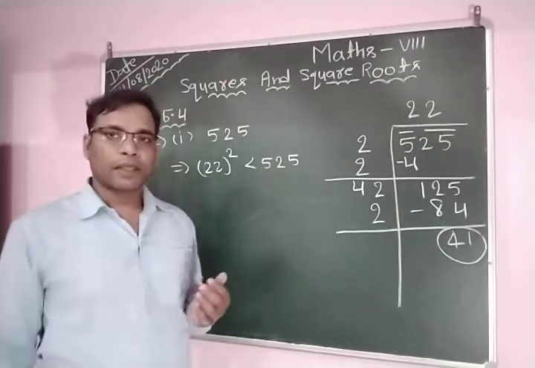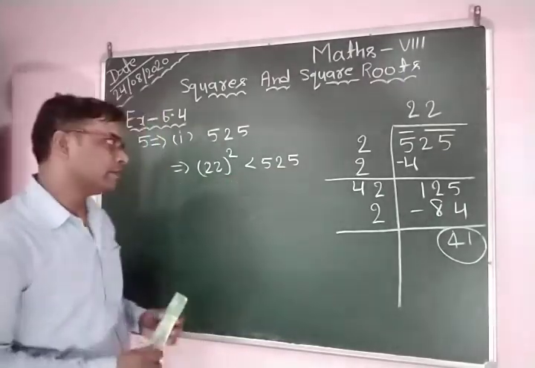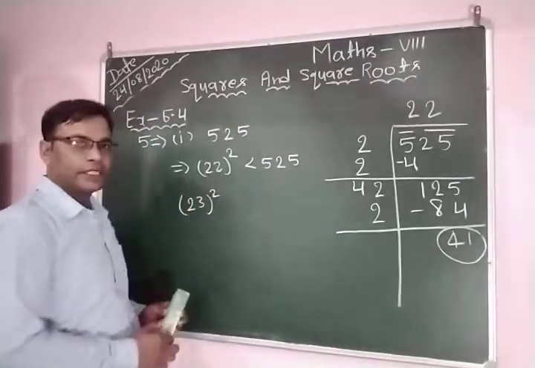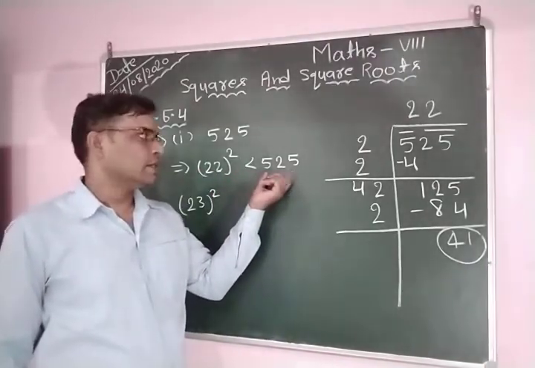So the next perfect square number is the square of 23, because the square of 22 is less than 525.